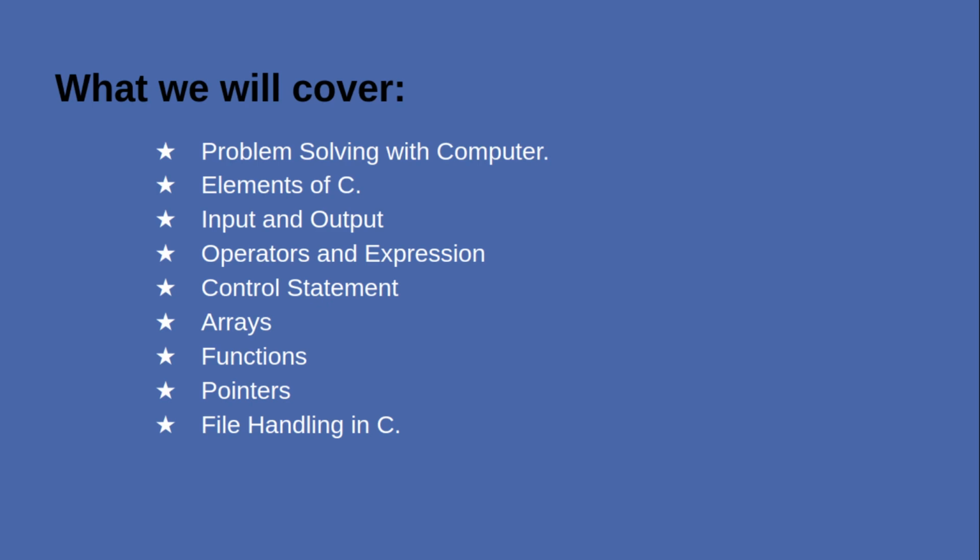And then we'll go to the arrays section. We'll introduce arrays, different kinds of arrays, single-dimensional arrays and multi-dimensional arrays, and their representation. And then we'll go to functions, where we'll discuss different kinds of functions like library functions and user-defined functions, and function prototyping, function calling, function execution, and function definition.